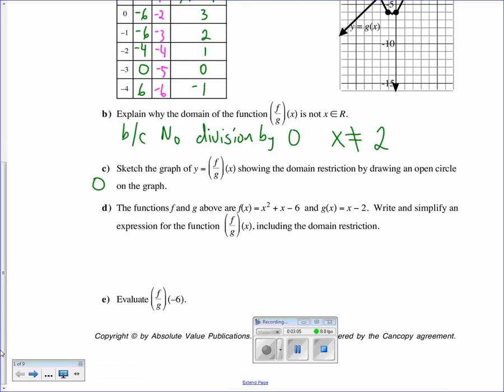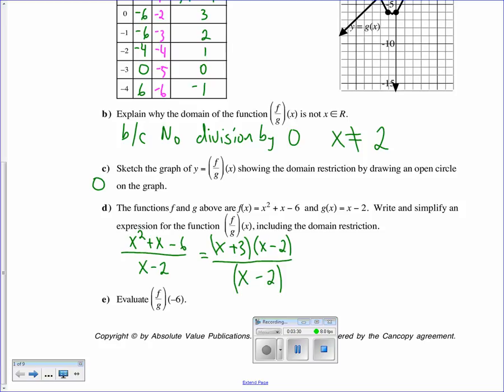So algebraically, we were taking the parabola x squared plus x minus 6 and dividing by x minus 2. For those of you who recognize the factoring possibilities here, that factors into (x plus 3)(x minus 2), and x minus 2 in the denominator.